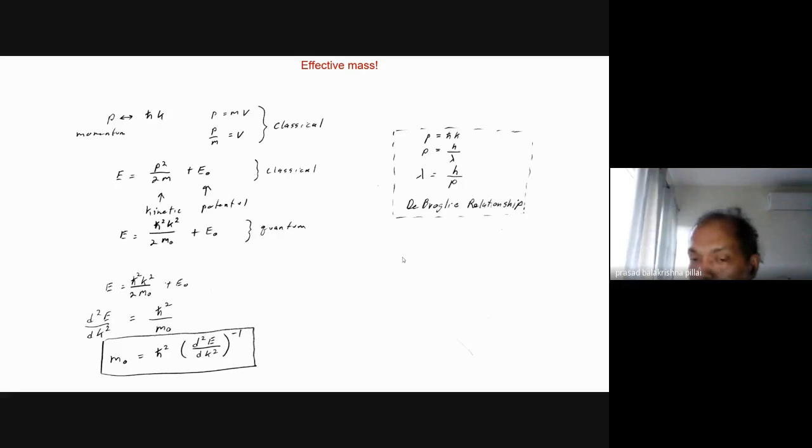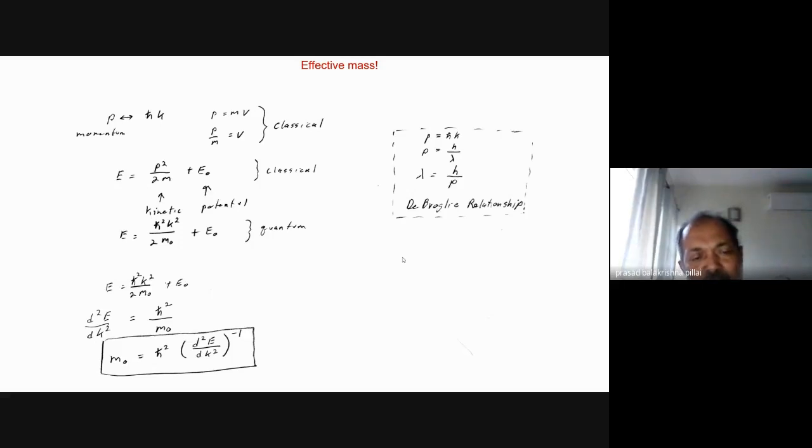So it can be positive or negative depending upon the curvature. It can be higher or lower than the rest mass of the electron. All those things are possible, provided we accept that this m star is decided by the curvature of the E-k diagram. This is the most important thing to keep in mind.